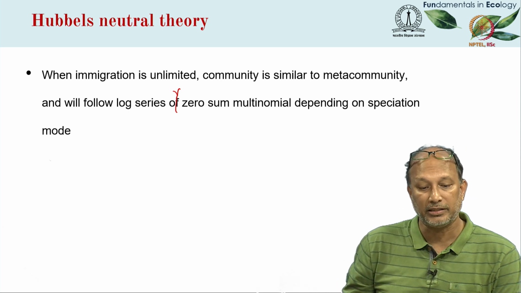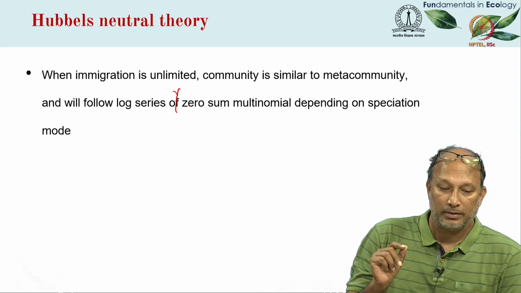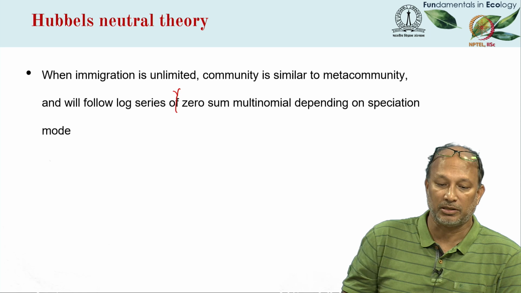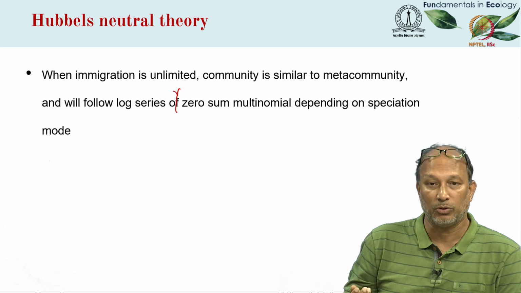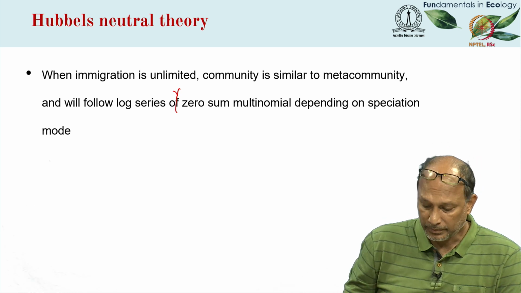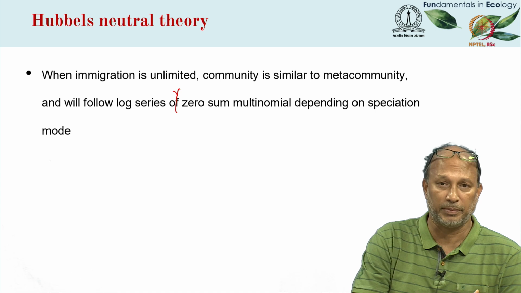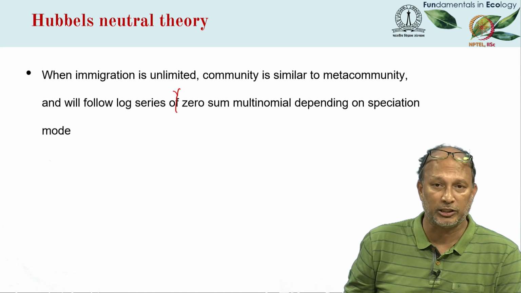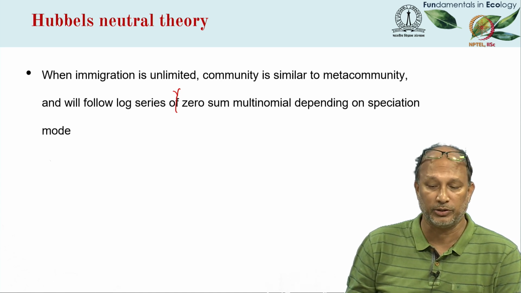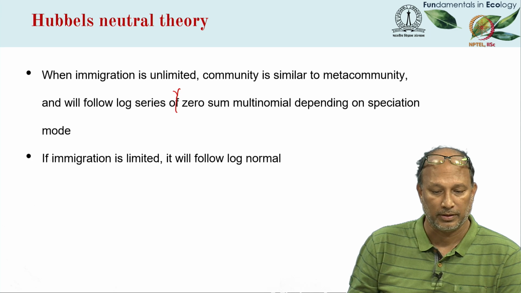So when immigration is unlimited, the shape of the distribution depends on the speciation mode, as we just discussed on the previous slide, that point mutations produce a log series and fission produces a zero-sum multinomial.